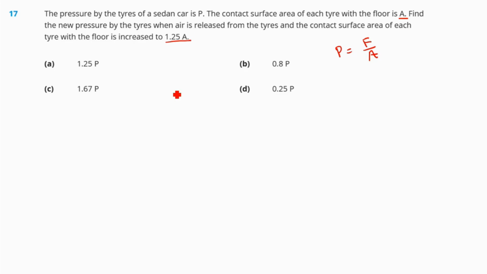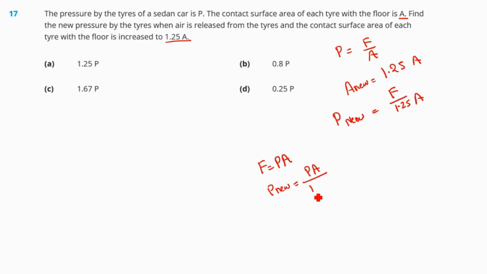So, the original pressure, we know that P is equal to F by A. A new, I'll just write A new is equal to 1.25 A. So, the new pressure P new is F by 1.25 A. If I substitute F equal to PA, then P new is equal to PA by 1.25 A. So, P new is equal to P by 1.25.